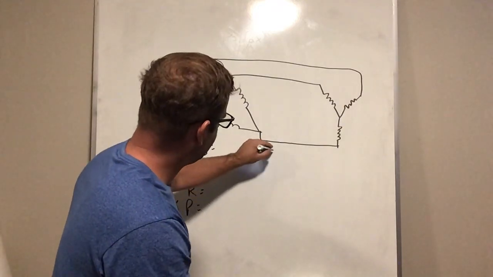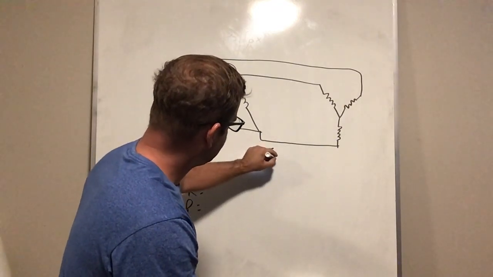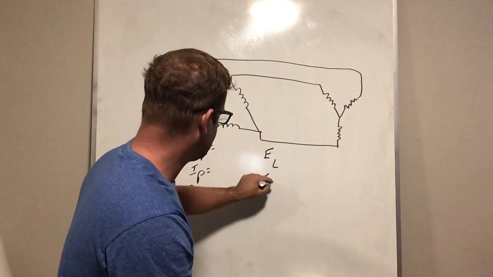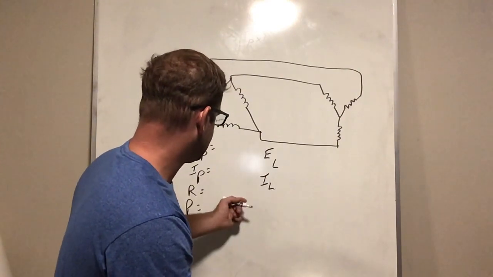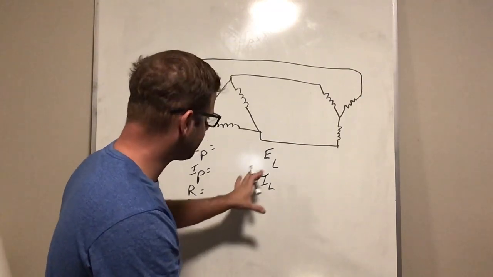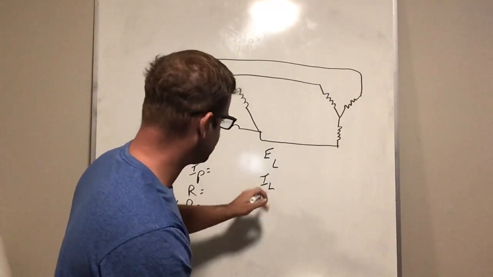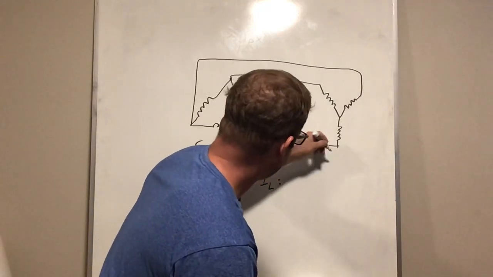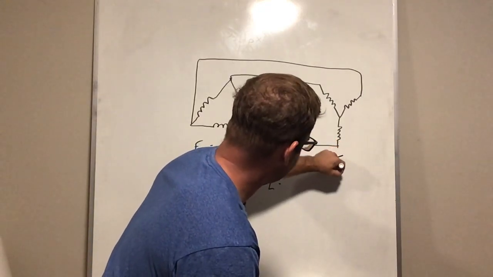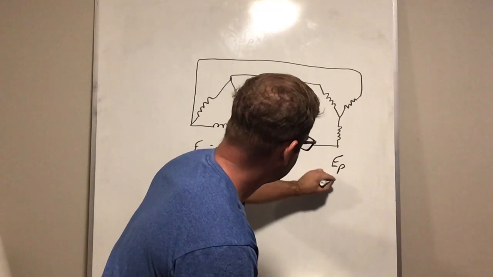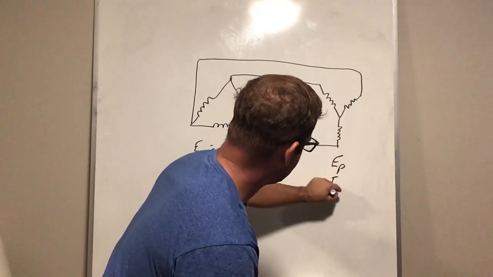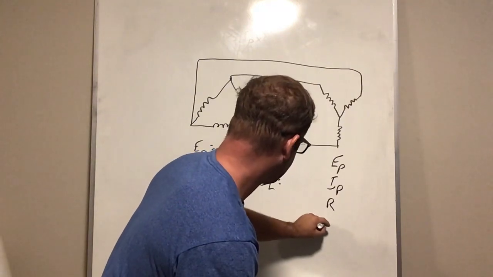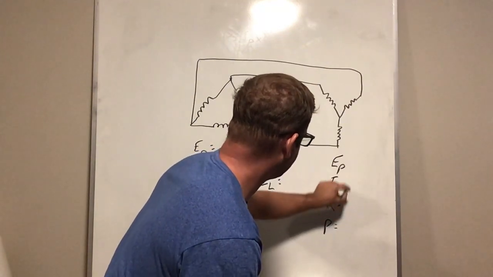We have our E line, I line, and don't really need to throw power in just because it is the same, so we'll just leave it like that for now. And we have our E phase, I phase, resistance, and our power again over on the end.